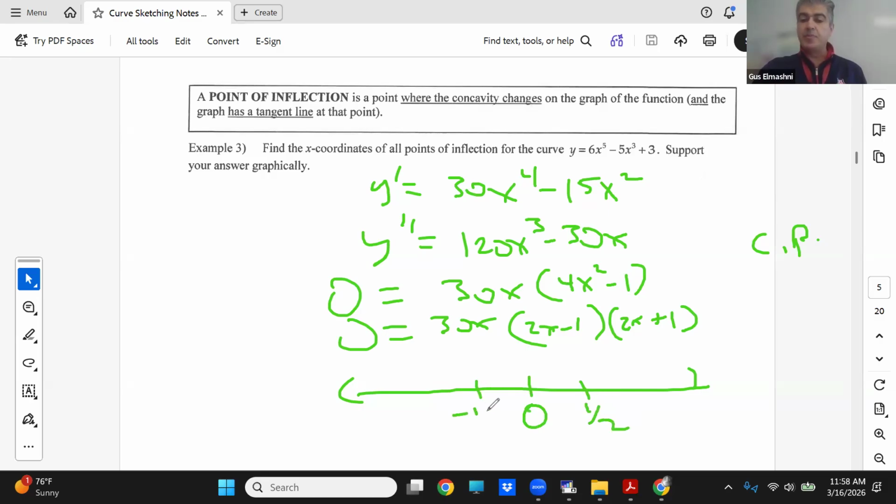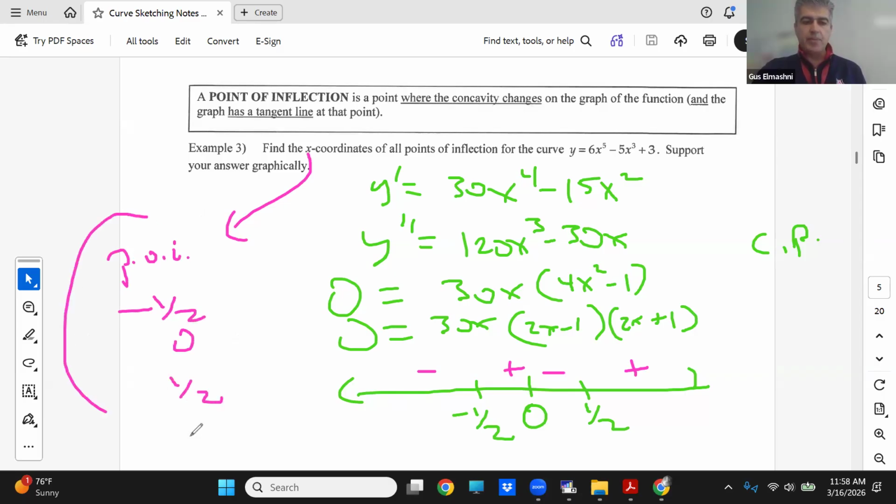That's exactly it. And we're going to see an alternation in signs: positive, negative, positive, negative. Whenever there's a sign change, your points of inflection, I call them POI for short, are -1/2, 0, and 1/2.